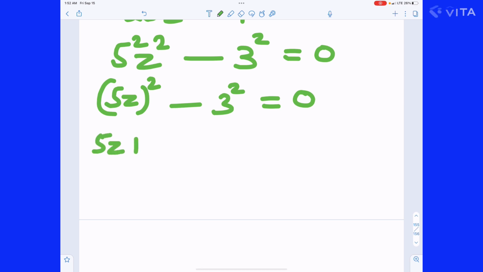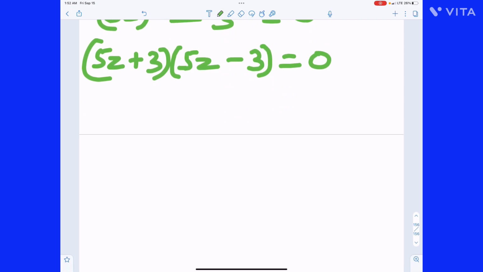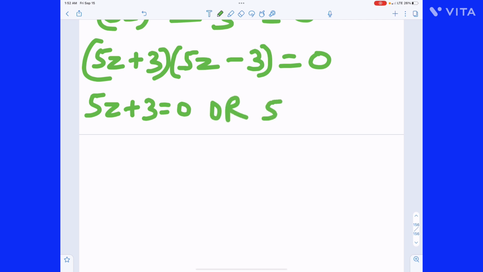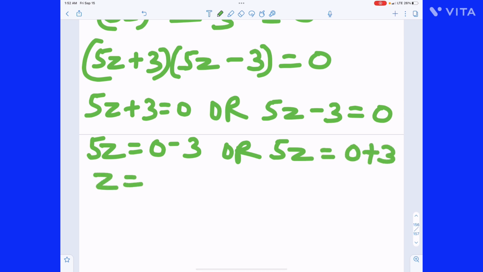So that's (5z plus 3) times (5z minus 3) is equal to 0. So 5z plus 3 is 0, or 5z minus 3 is 0. So 5z is 0 minus 3, or 5z is 0 plus 3.